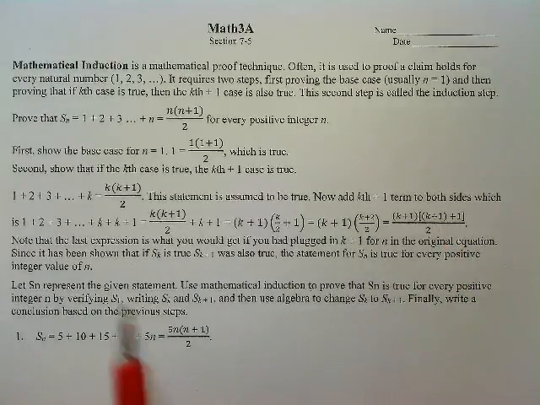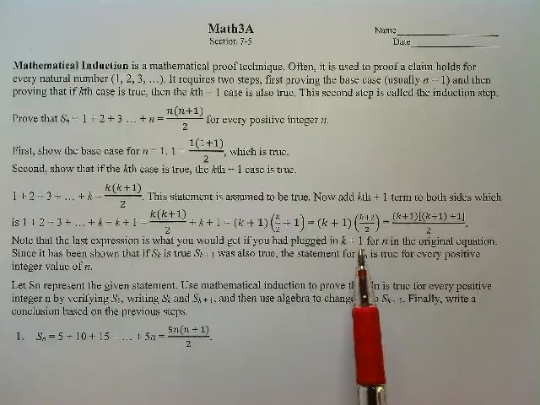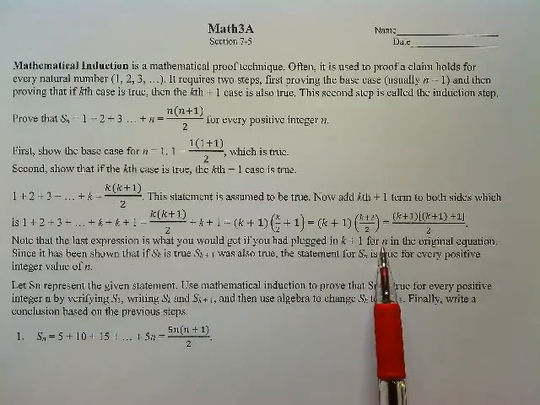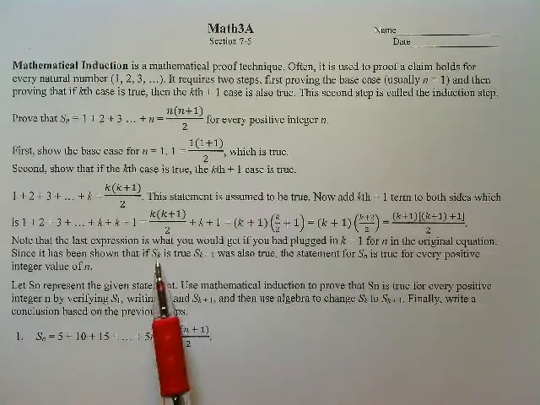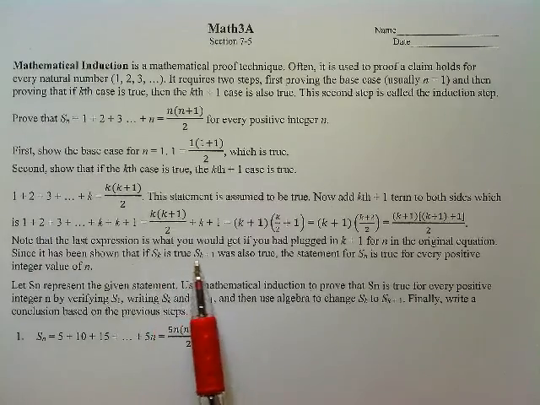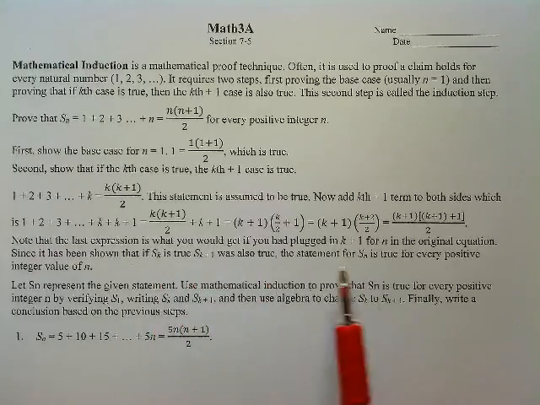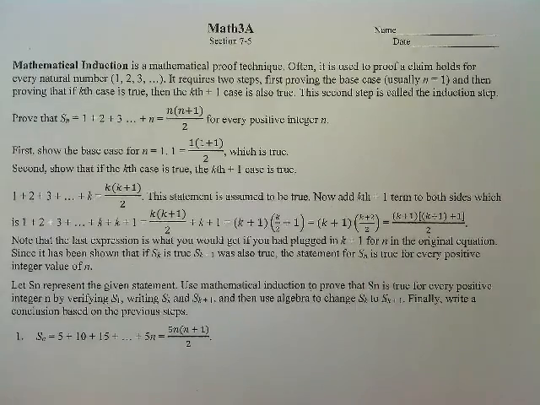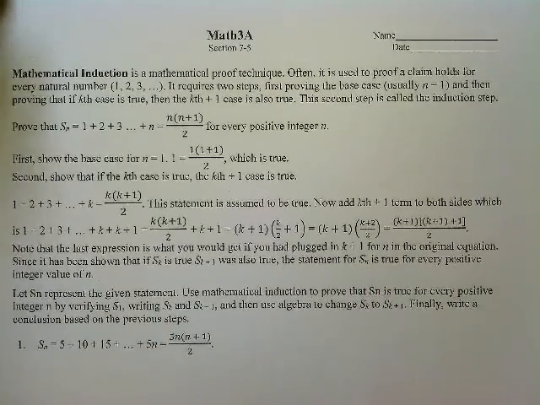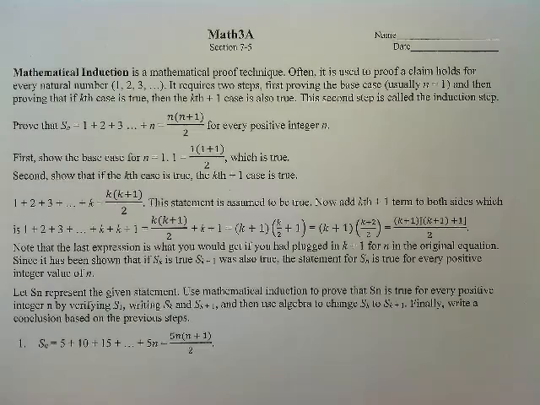So again, note that the last expression is what you would have gotten if you had put in k plus 1 for n, since it has been shown that if S sub k is true, S sub k plus 1 was also true. The statement S sub n is true for every possible integer value of n. So, two steps: first, assume the base case, and then second, the k plus 1 case.